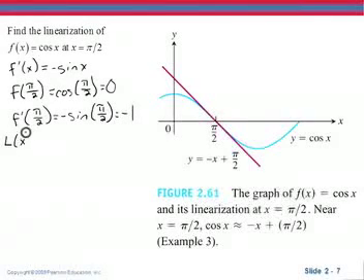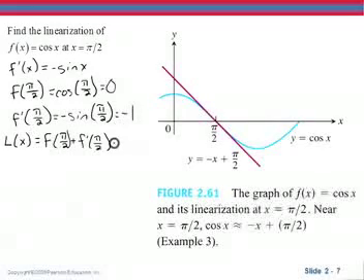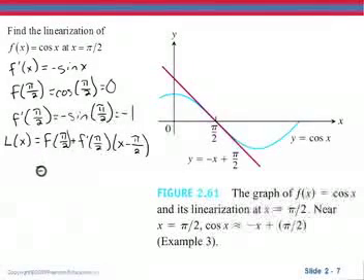Now to find the linearization, we will do f of pi over 2 plus f prime of pi over 2 times x minus pi over 2. We found f of pi over 2 to be 0.